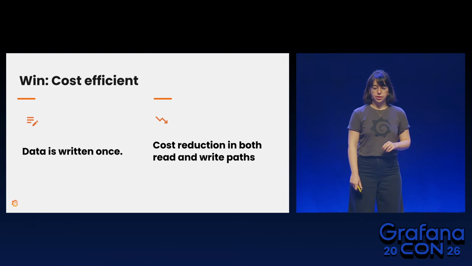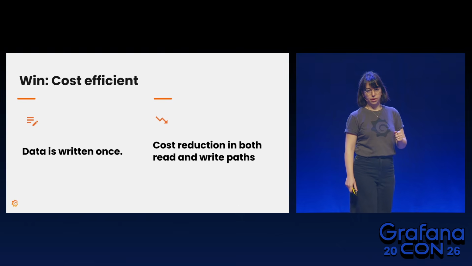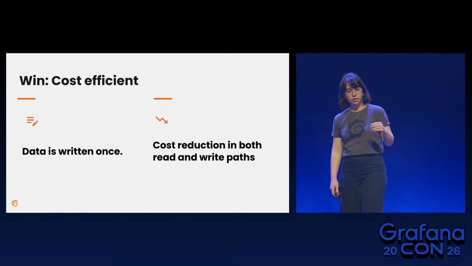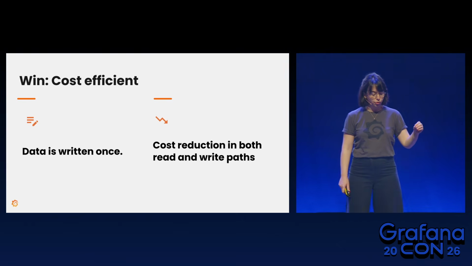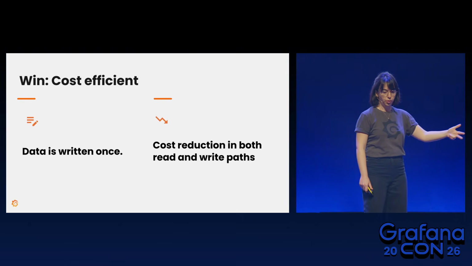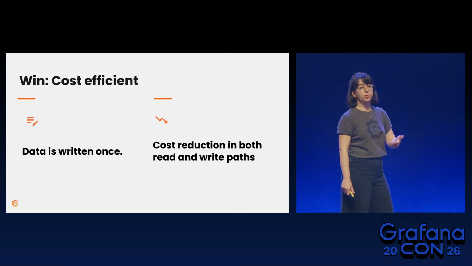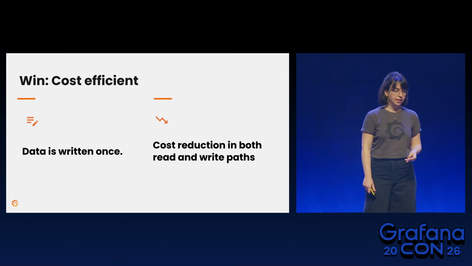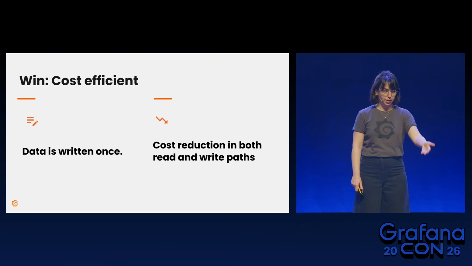We are still cost efficient, so data is written once. Imagine when you replicate data, you have to pay the compute, memory and network of replicating that data in running components. And then in the object storage, with the mentioned problem of duplicates, you duplicate data and pay for it.